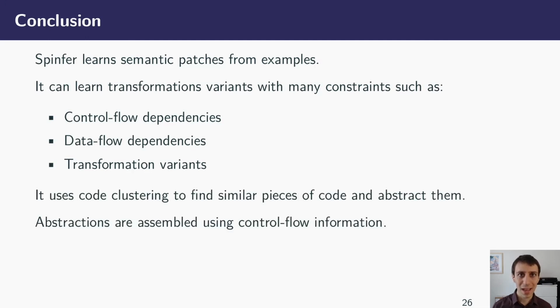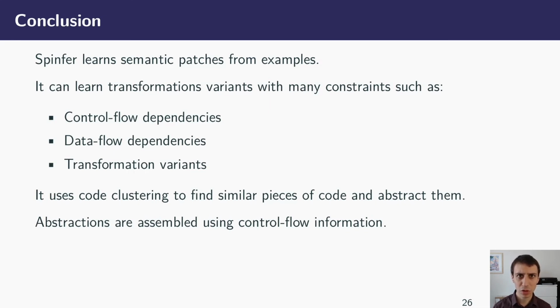Spinfer works by extracting modified statements from provided examples. Then, it clusters statements into groups that play the same role in the transformation. After the clustering takes place, it abstracts each group into an abstraction that matches all of its members.